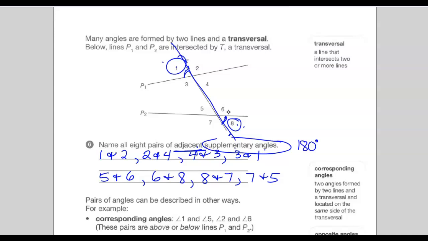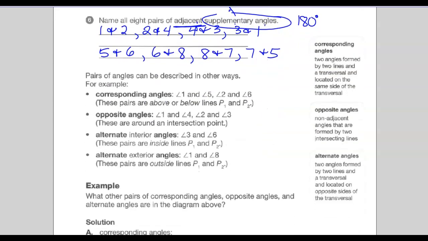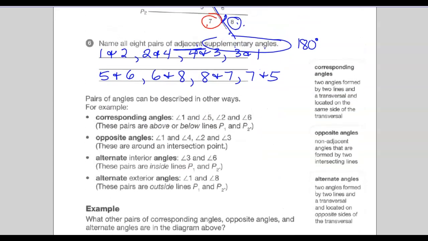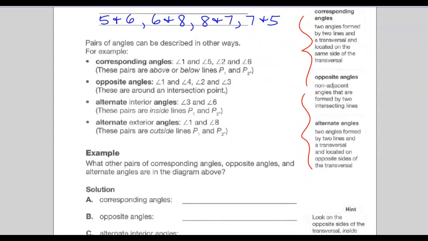Exterior means outside. Okay, so similarly, we could look at this and this one, because they're on alternate sides of the transversal on the outsides of the two lines. Okay, so here's the definition if you need to look at them in more detail.